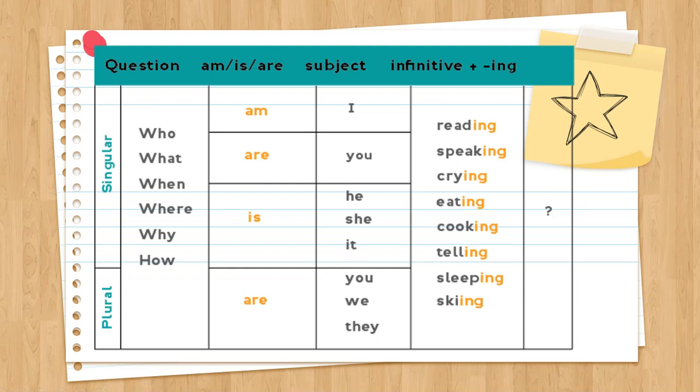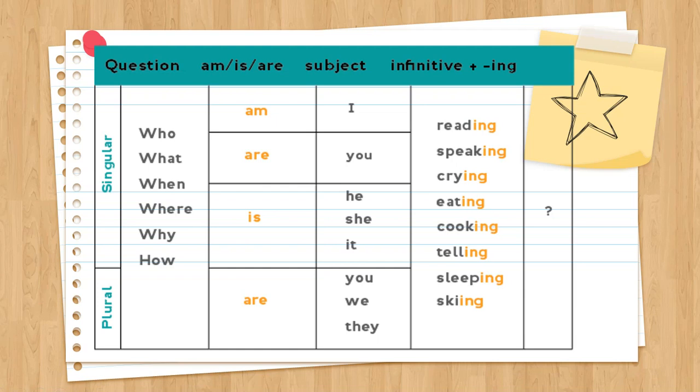What, to refer to an object or thing. When, we use when we refer to a date. Where, we use it to refer to a place, a location. Why, a reason. How refers to manner, how a person does a thing.